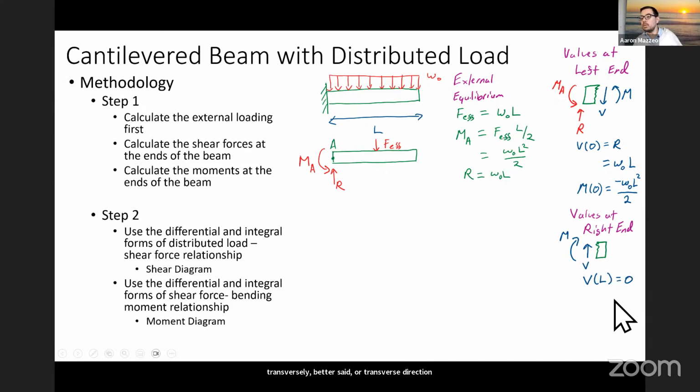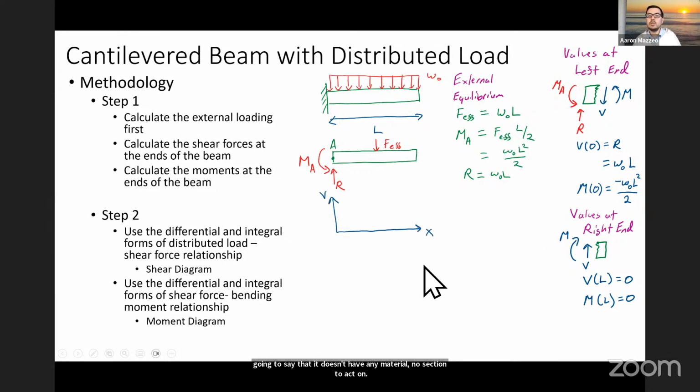So it's just going to be equal to 0. And we have also no moment, so that's going to be equal to 0 as well. Yes, the distributed force is still going all the way to the end, but because the sliver is so small, we're going to say that it doesn't have any material, no section to act on.